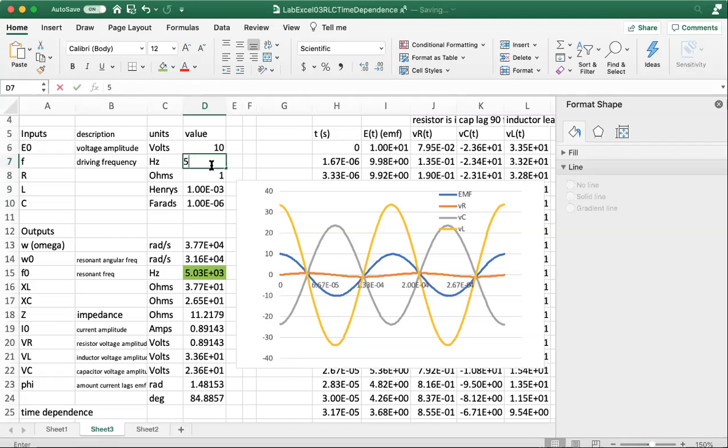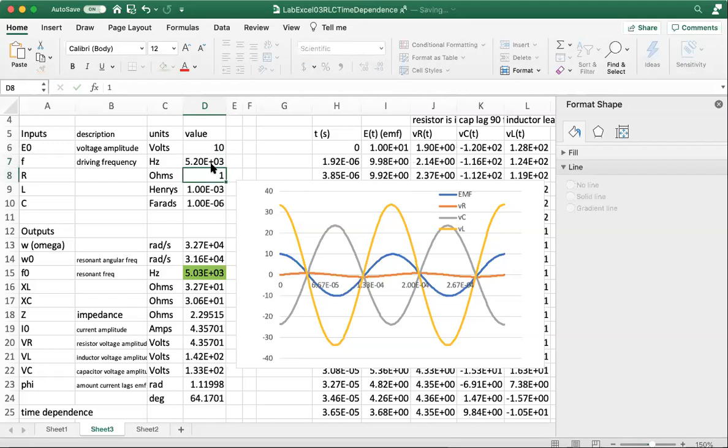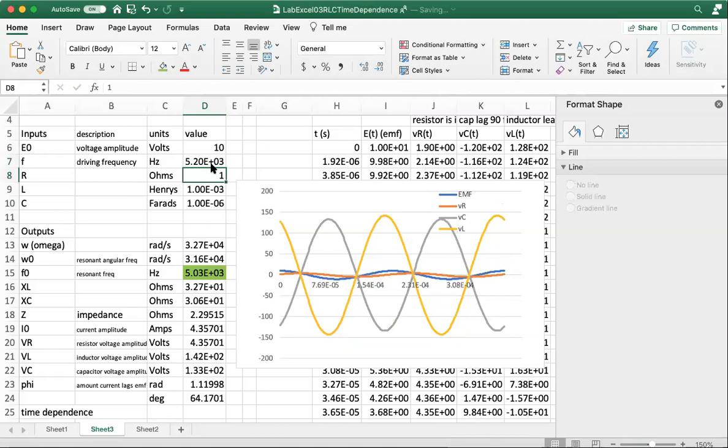Let's go down to 5,200. And so now just look how big those inductor and capacitor voltages are. They're just massive. And actually, we can make those a little smaller.